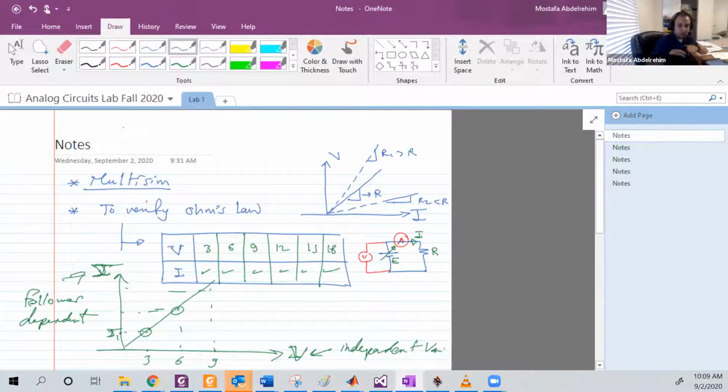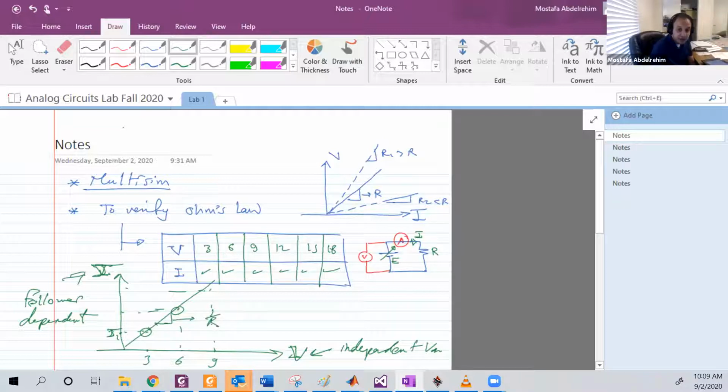So we always put the independent variable on the x-axis. So y is a function of x, x is independent and y is dependent. V is the variable that we change, and based on its change, I will change. So I represents y, which is the dependent, and V is the independent variable. And in that case, the slope here will be 1 over R.